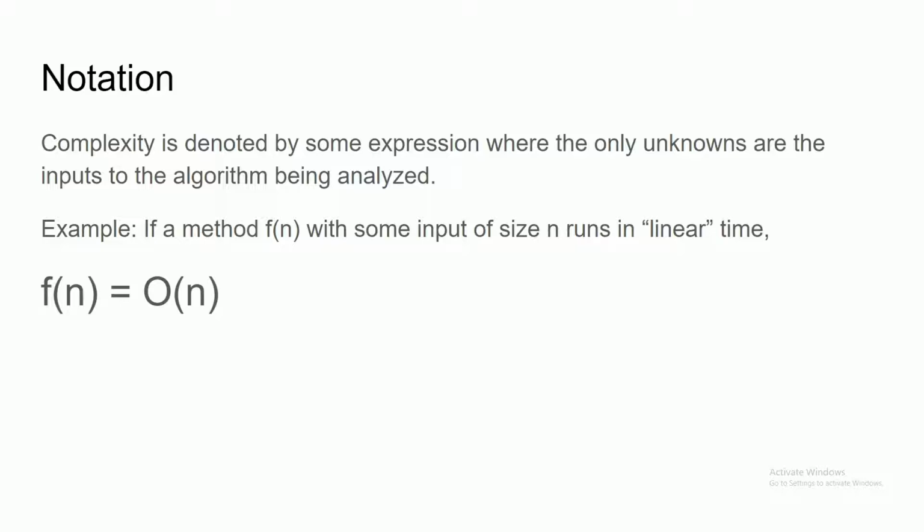The expression that we give is going to be relative to the input size n of our methods because we want to analyze their running time relative to how much they're given to work on.